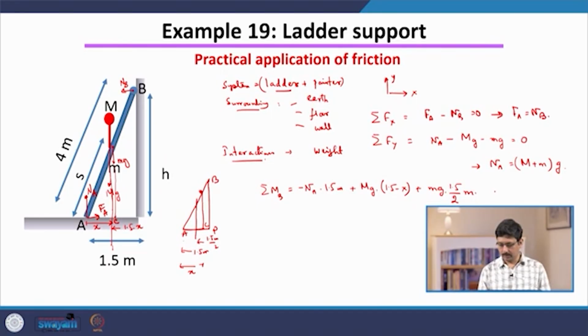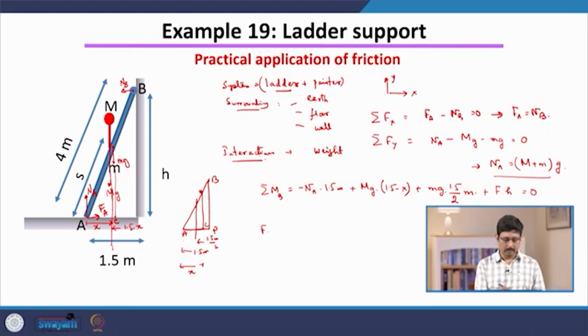So, plus F times h, and this torque balancing is 0. Now, we can simplify it a little bit.